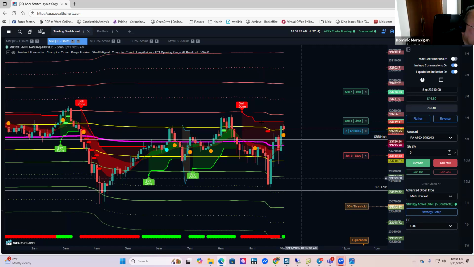And try to break this SuperTrend to the downside. Let's see if it breaks it.